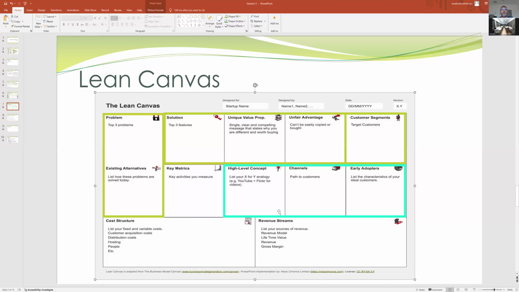Your job is, I'll send an empty version of this. So you get a box and you have to fill out these colored boxes with your idea, what the problem is. And it's not just about three lines here. You have to have a lot of thought, as you heard right now.